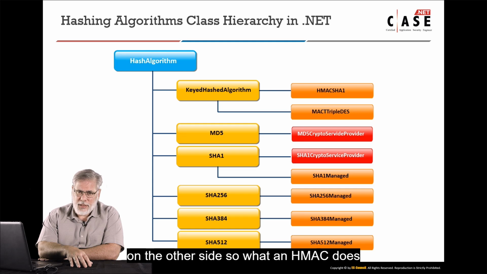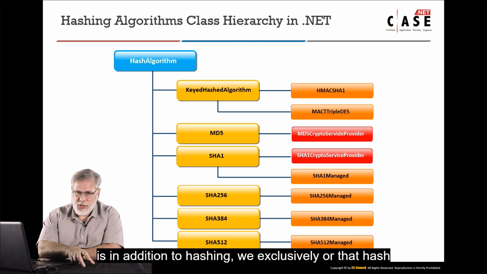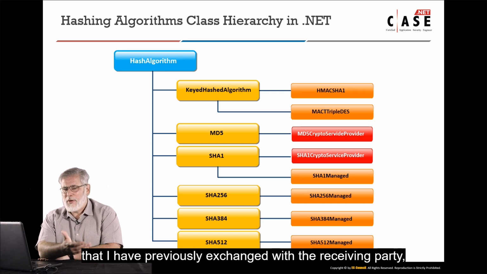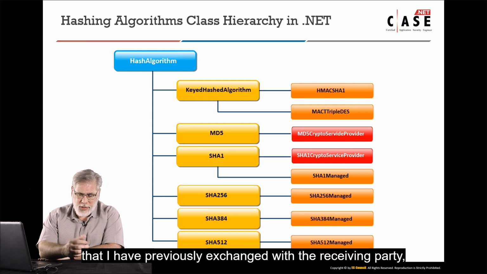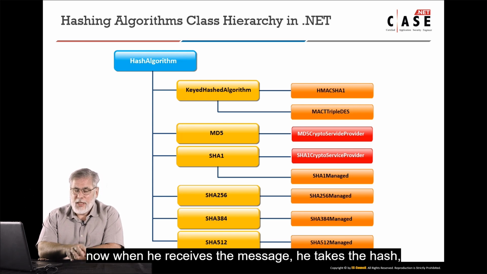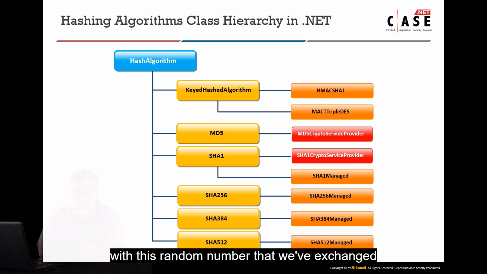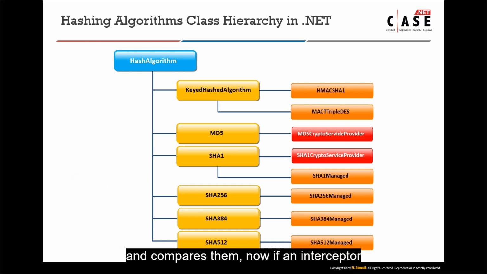So what an HMAC does is, in addition to hashing, we exclusively OR that hash with some random number of the appropriate size that I have previously exchanged with the receiving party. Now, when he receives the message, he takes the hash, he hashes his message, also exclusively ORs that hash with this random number that we've exchanged, and compares them.